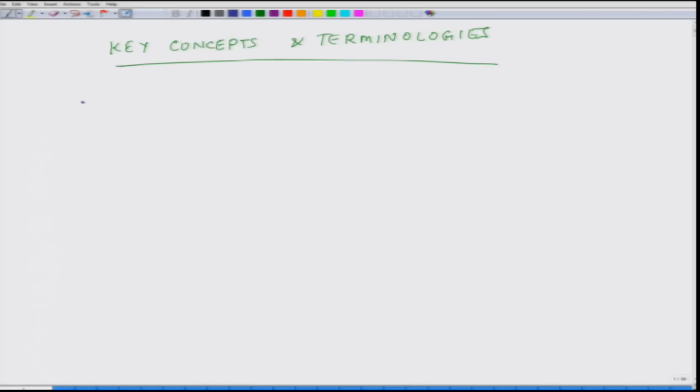So, the first term is what is a dependent variable and independent variable. Okay.